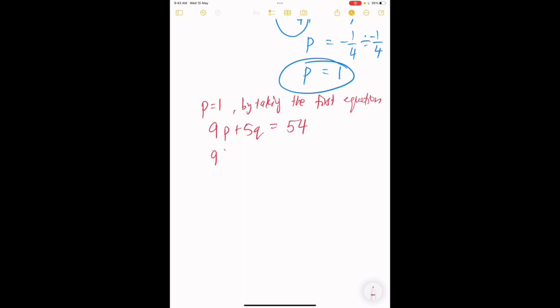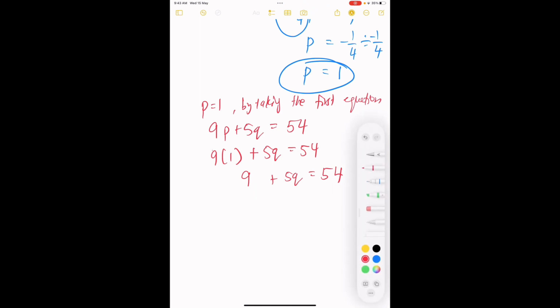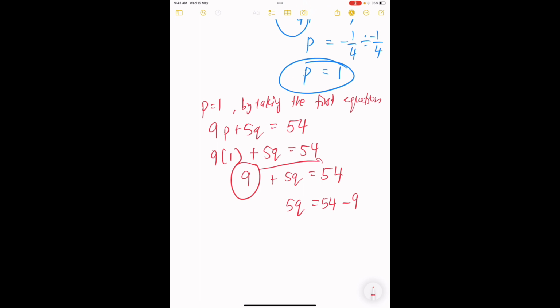You change your p to 1. So 9 plus 5q equals 54. My bad, 9. So you want to find the value of q, right? Move this to the right. 54 minus 9. So your q will be 45.